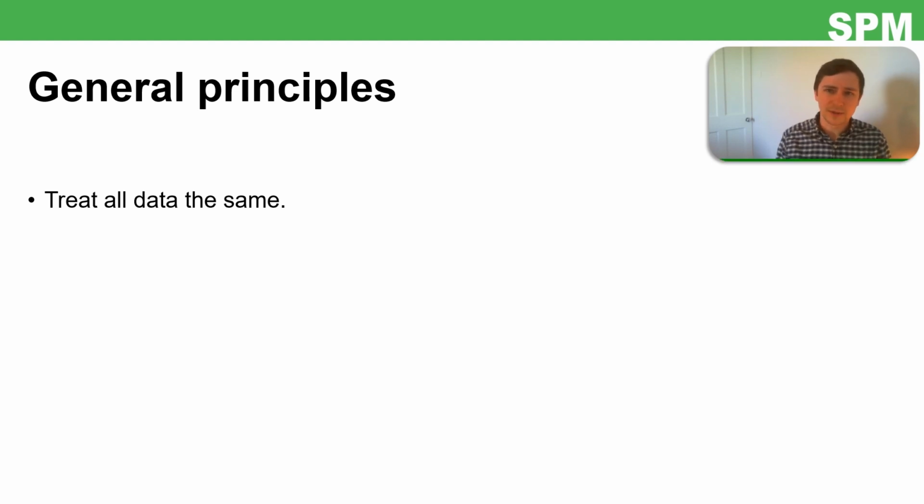There are often some manual steps when you're doing your pre-processing, like visually inspecting your data and selecting bad trials. If you're doing that over a week, you might find that the principles you're applying to select those bad segments can change. You'll have to be really careful about that. Again, I'll come on to that a bit later. Anyway, treat all data the same.